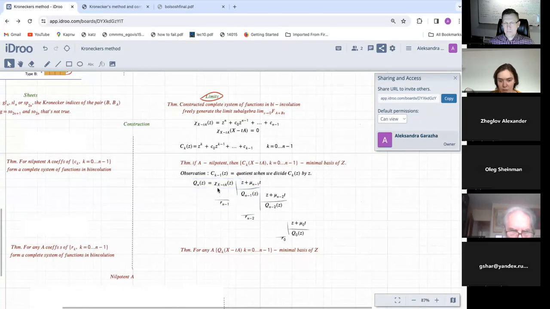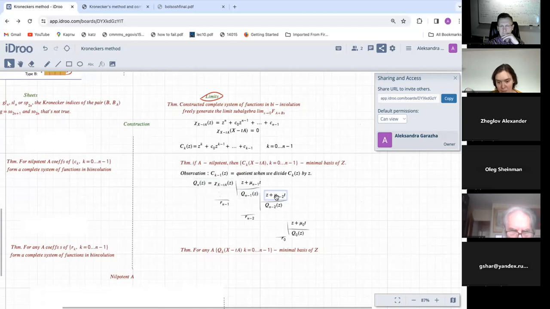We start with the characteristic polynomial of the matrix X minus tA divided by z plus an eigenvalue multiplied by t. Then we have a new quotient, which we call q, for example.